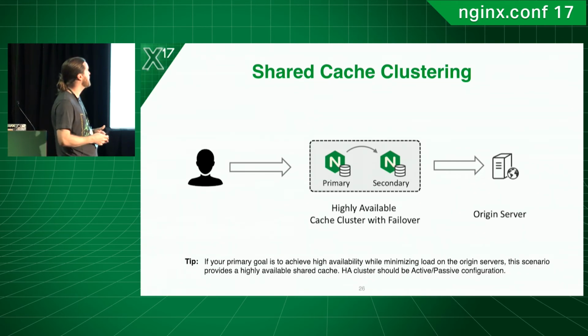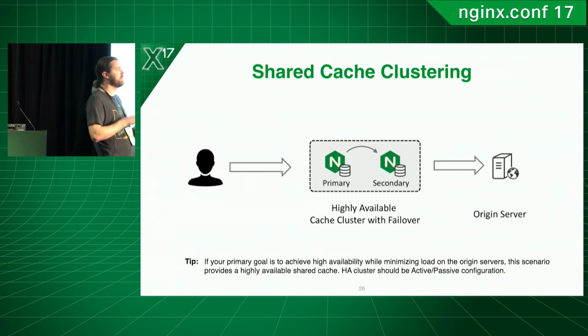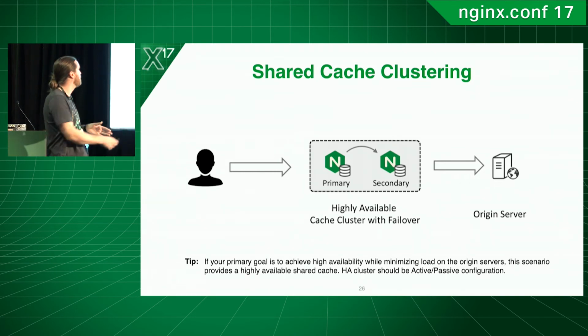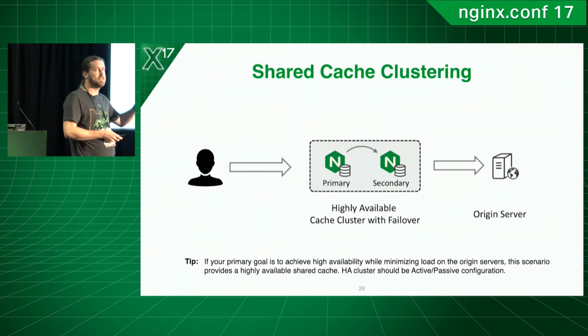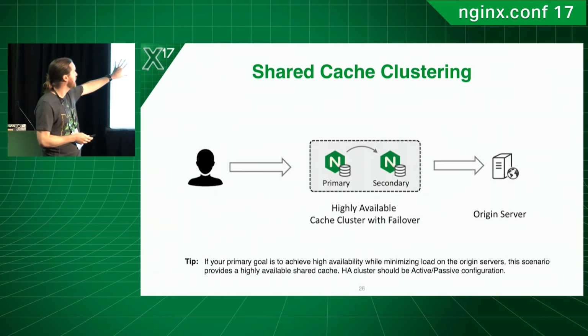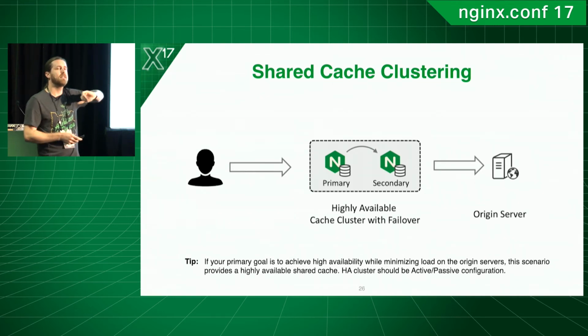The shared cache is basically you're doing multiple tiers of cache. So you have a primary and a secondary instance. Typically, this would be handled with high availability, as I mentioned before, with something like keepalived. In this type of scenario, we're doing active passive. The primary instance is always going to be calling the secondary instance for any cached assets that need to come through.